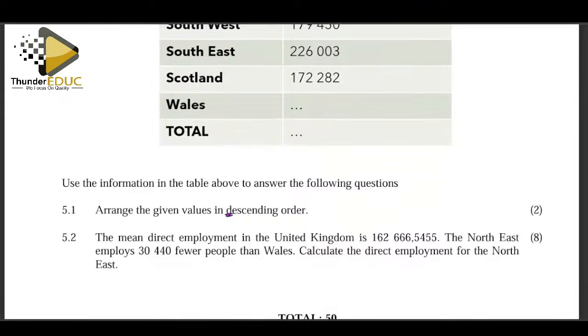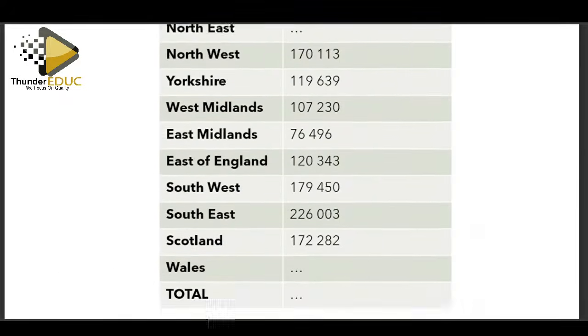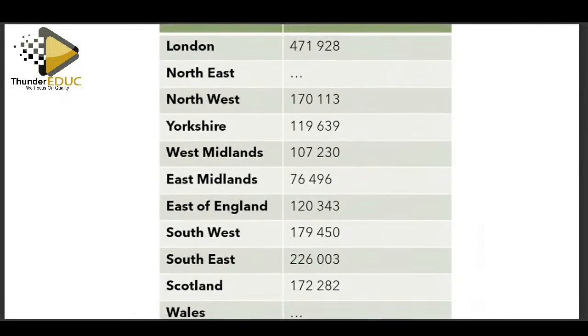Descending, down. So how do you go down? From big to small. You're from up, you're coming down. All right? So you start arranging using this. I would like us to see all the numbers.